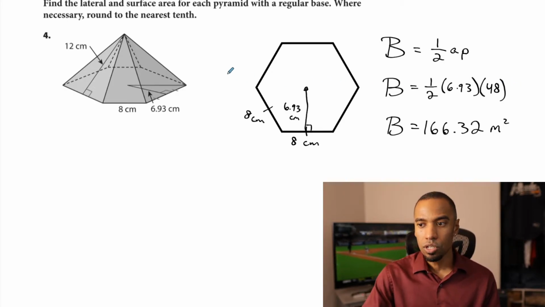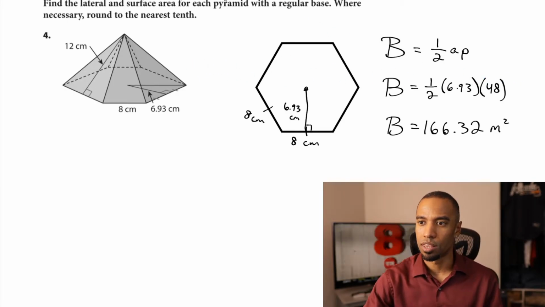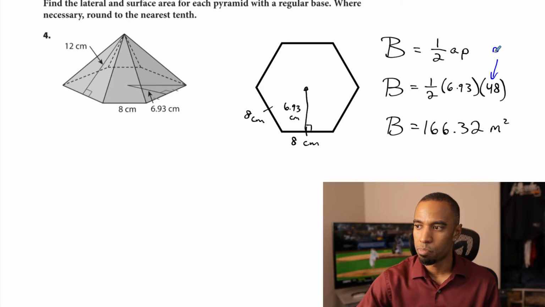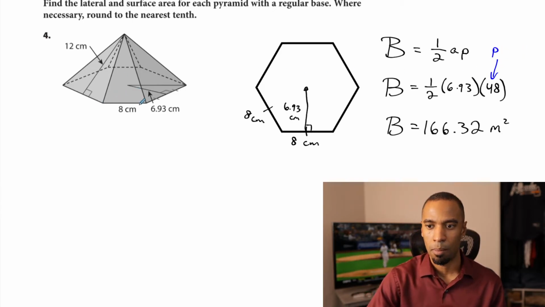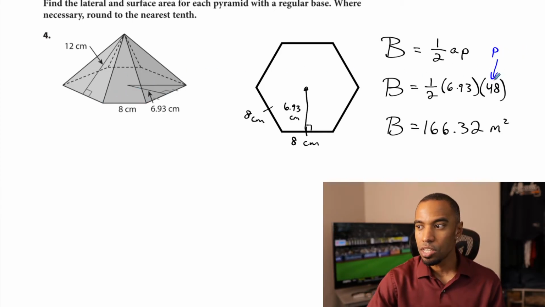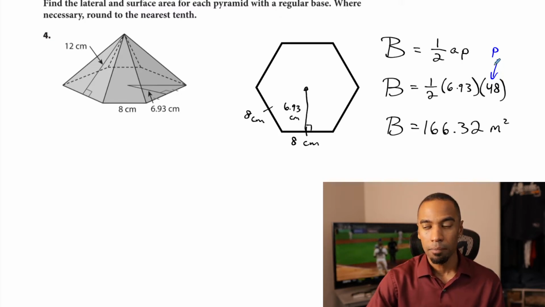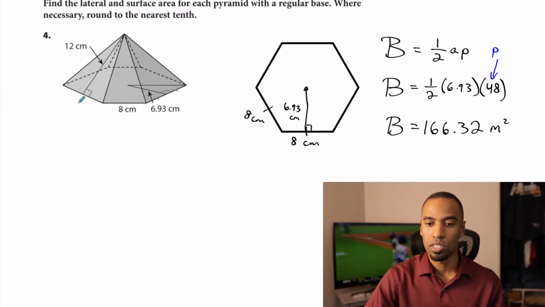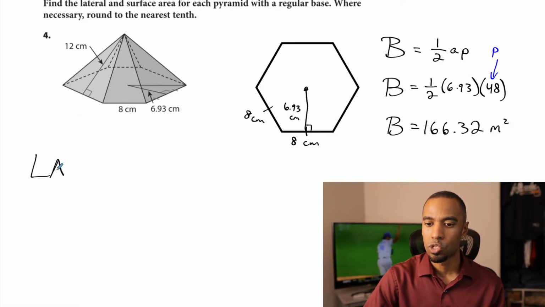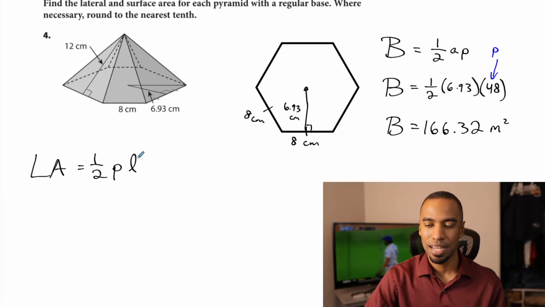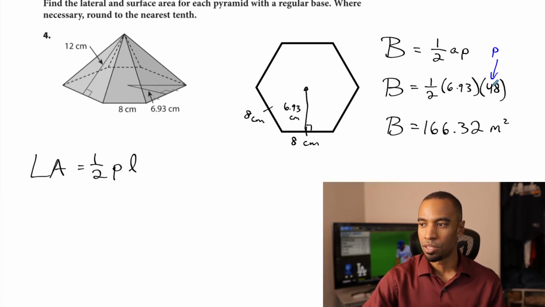Now, good news-ish is, and I probably should have written this before, that was the perimeter of our base. I'm going to use that as well when we talk about the lateral area of this thing. The lateral area is 1/2 perimeter times slant height. Now the perimeter is 48.